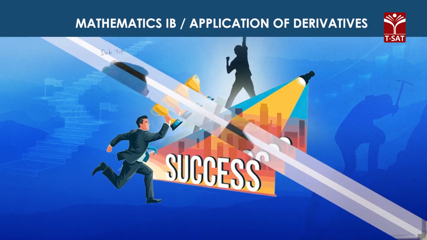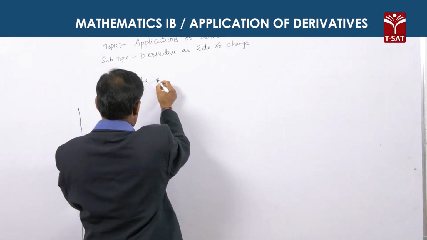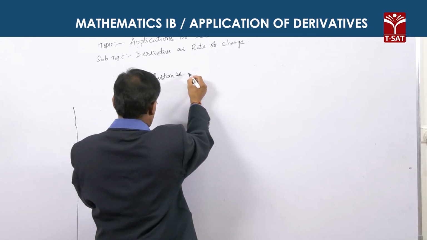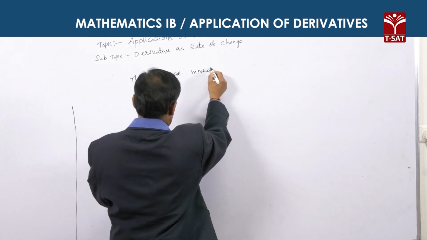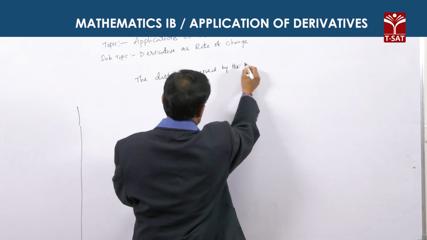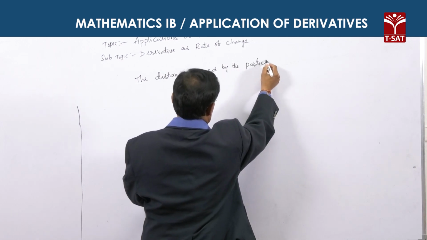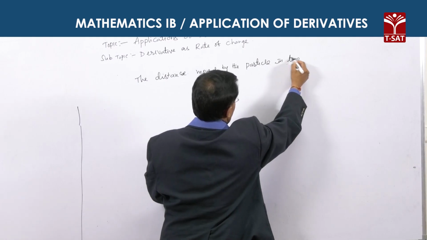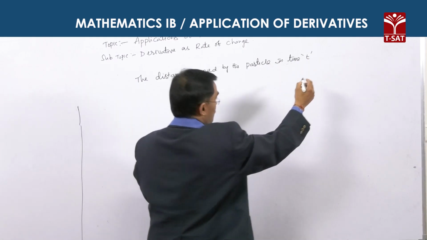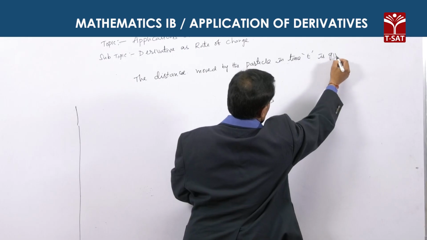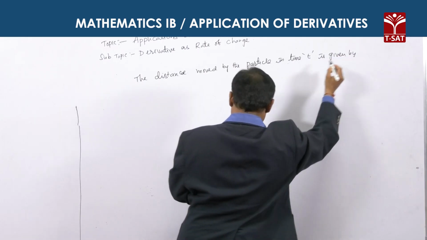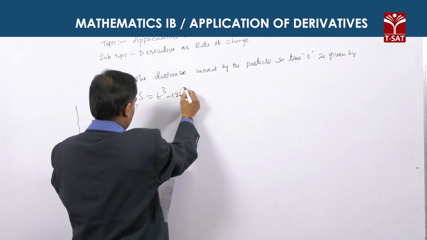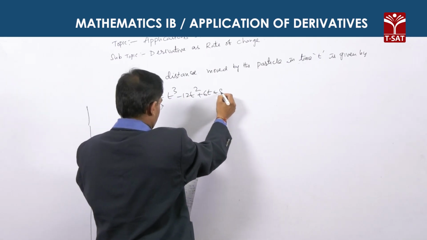Next question. The distance moved by the particle in time t is given by s is equal to t cube minus 12t square plus 6t plus 8.